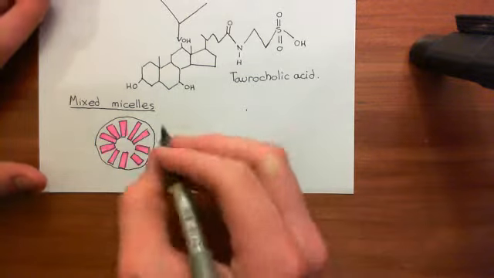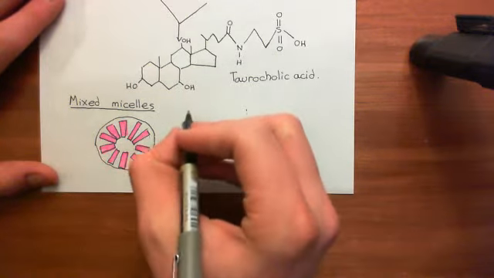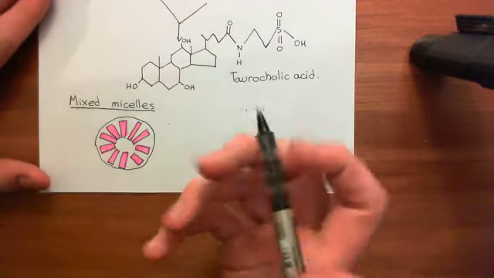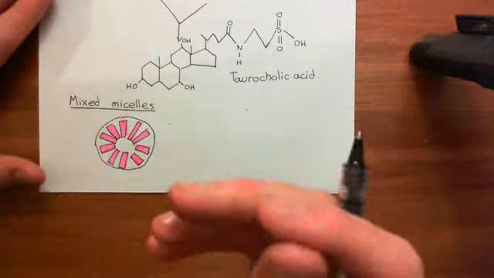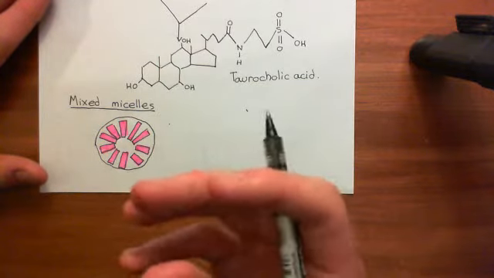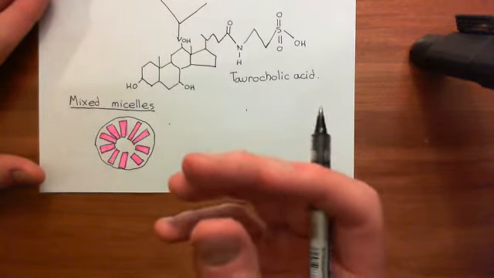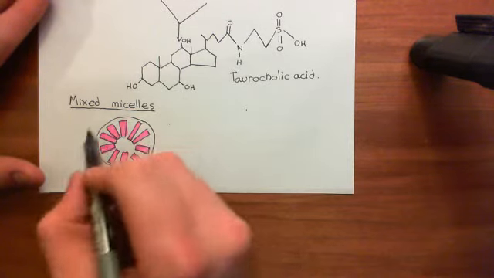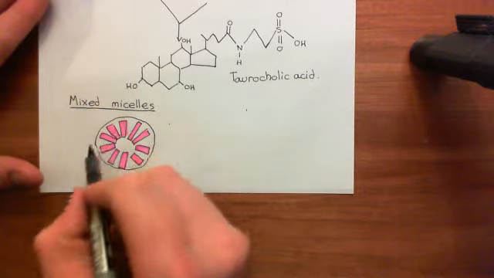Okay, so basically the products of digestion such as the free fatty acids, the cholesterol molecules, the lysophosphatidyl molecules, and also the 2-monoacylglycerol molecules, these are all going to join the mixed micelles.